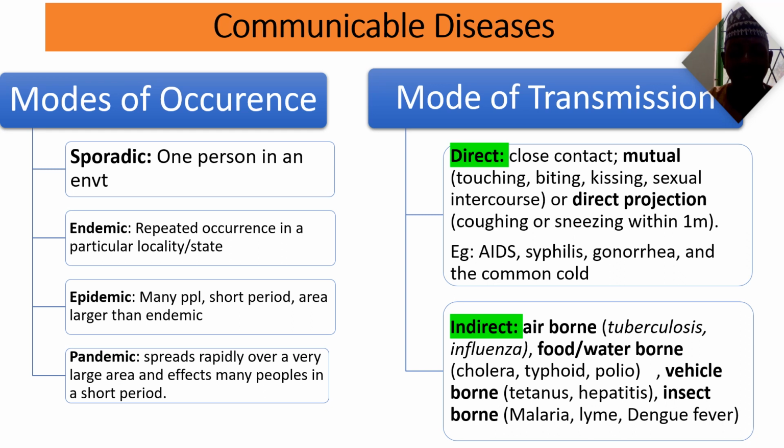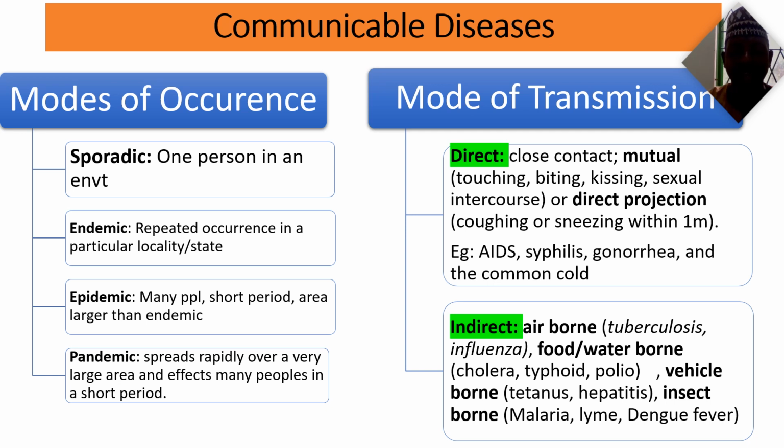A good example is malaria, which can be transmitted through the bite of a mosquito. When a mosquito bites an infected person with the malarial parasite, the parasite can be transmitted to a healthy person when the mosquito bites that person. We have Lyme disease that is transmitted through ticks, dengue fever transmitted through mosquito bites also. We also have diseases such as yellow fever and so on.